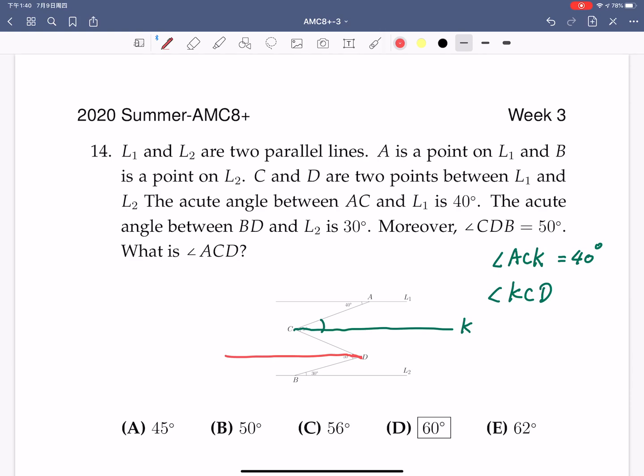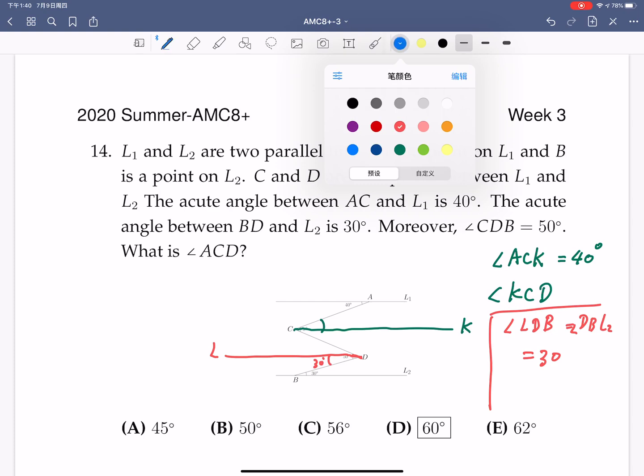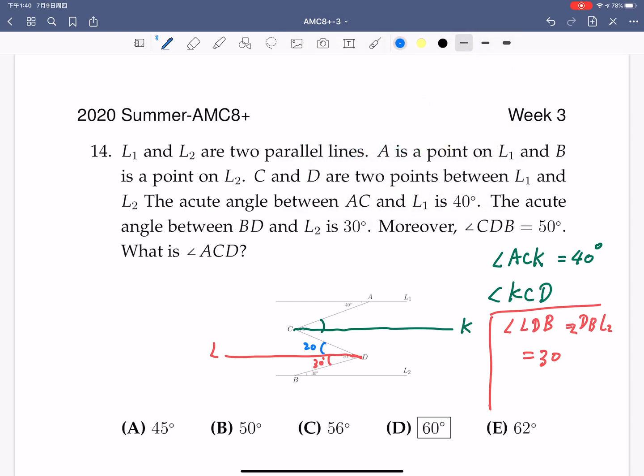Suppose this is K, this is L. Angle LDB would be the alternate angle with DB, L1, L2. So that's going to be equal to 30 degrees. So this angle is 30 degrees. Remember the total angle CDB would be 50. So that will give us the angle here of 20 degrees.